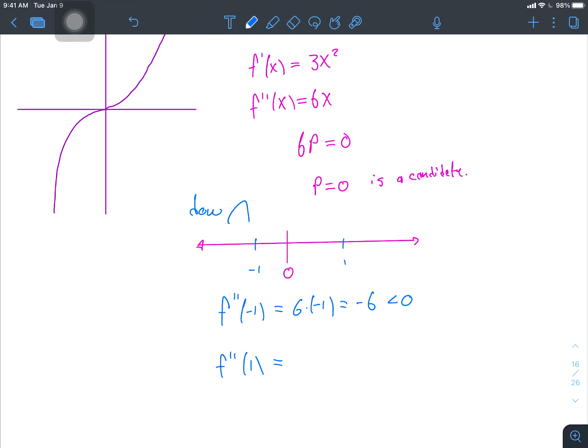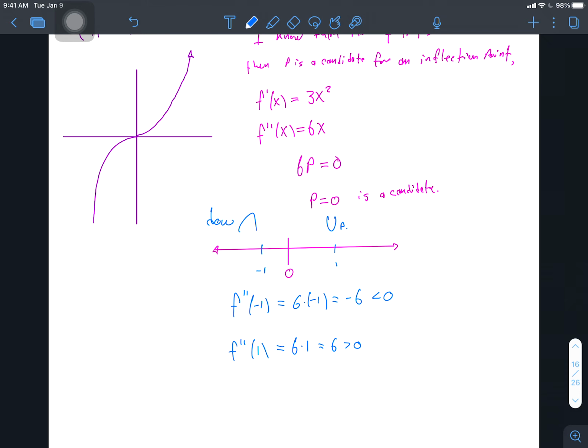And I can see that that will give me 6 times 1, which is 6, which is larger than 0. So in this region, I'm concave up. So, on the left, the second derivative is negative, meaning that the function is concave down. On the right, the second derivative is positive, meaning that the function is concave up.